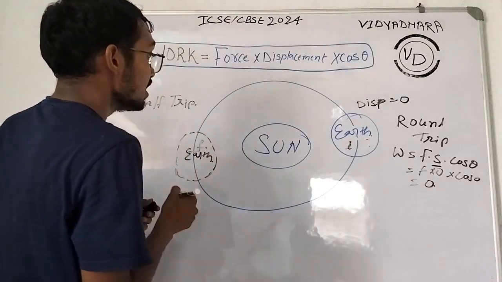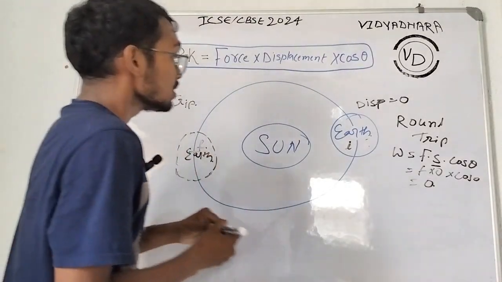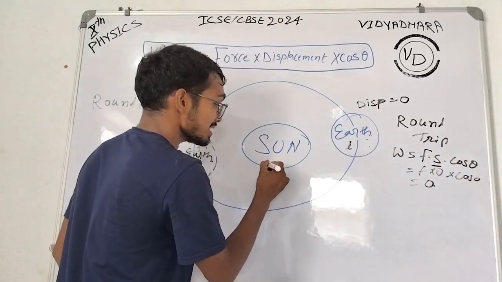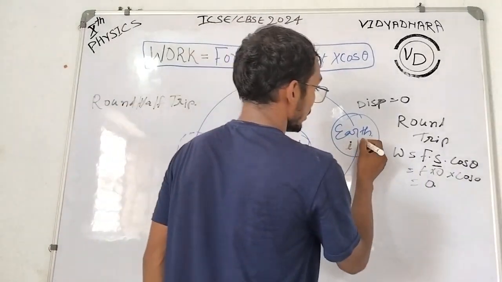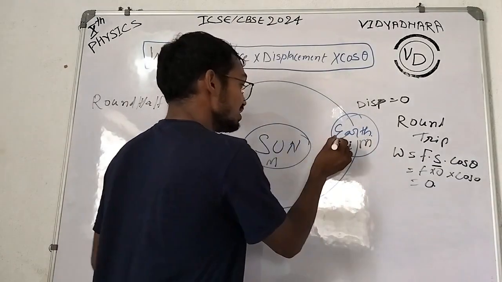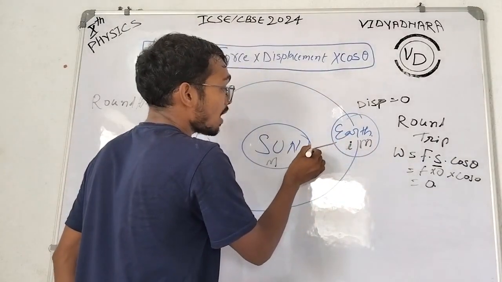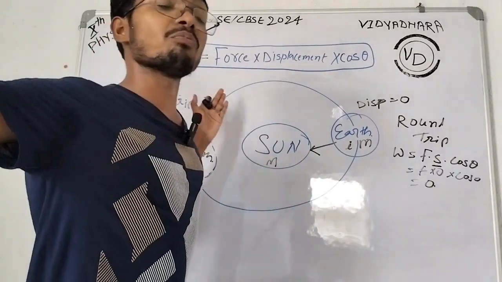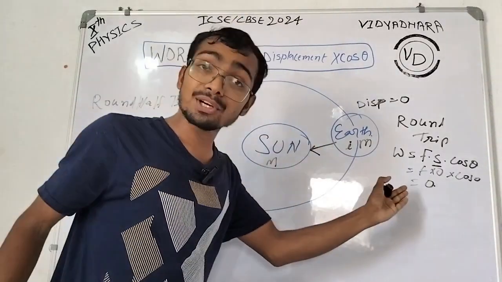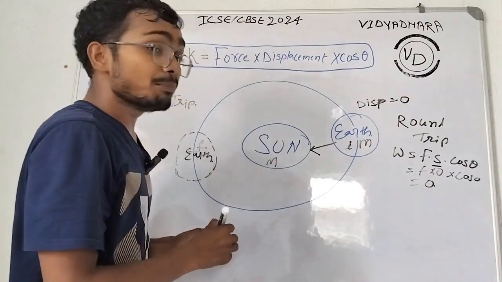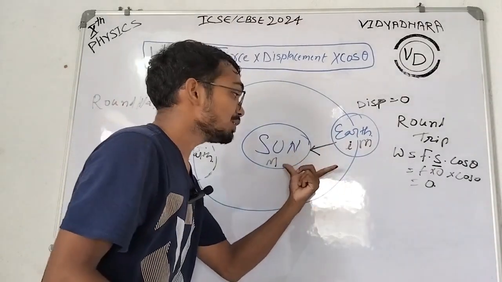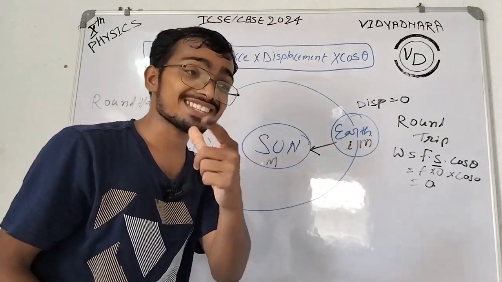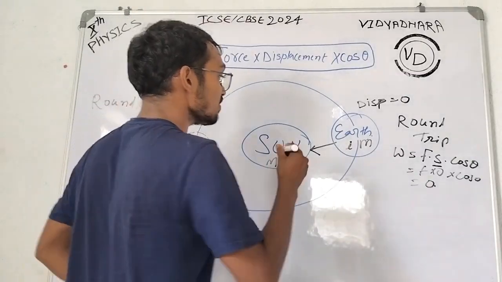If the sun has some mass, the earth also has some mass. This earth is pulled towards the sun because the sun has a lot of mass as compared to the earth. So between two masses, which force is acting? Gravitational force.